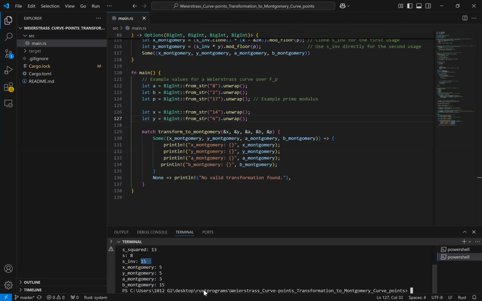And then I ask for the value of X of Montgomery and the value of Y, so that this is 5.5. And then I ask for the A value for Montgomery and the B value for Montgomery, which is 3 and 15. So again, it gives me that. But the most important thing was this, is what I wanted us to calculate.